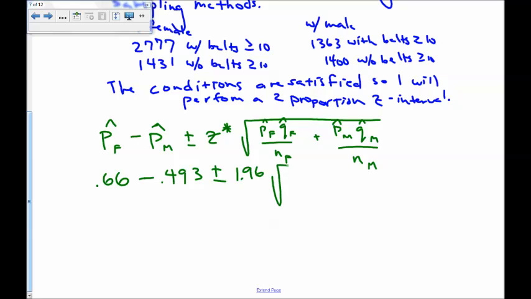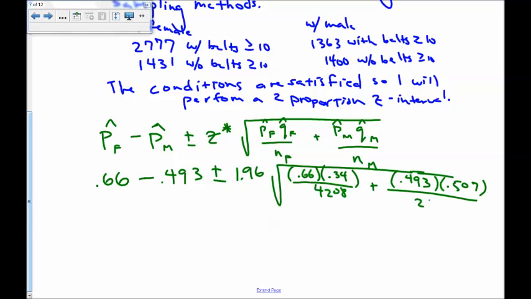Square root of 0.66, and the percent not wearing seatbelts with female passengers was 0.34, over 4,208. And with male passengers, 0.493 were wearing seatbelts, and 0.507 were not wearing seatbelts, out of 2,763 that had male passengers.